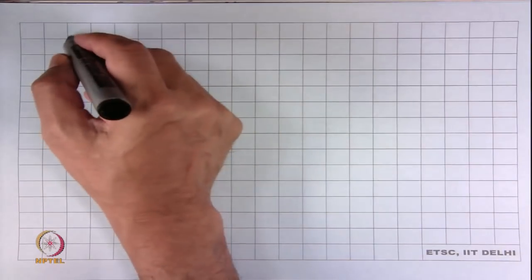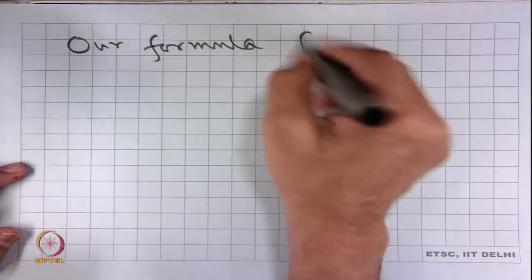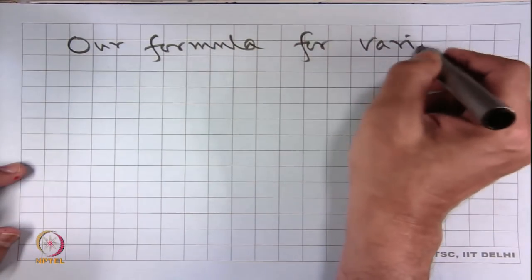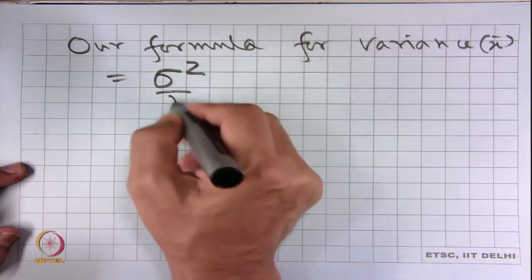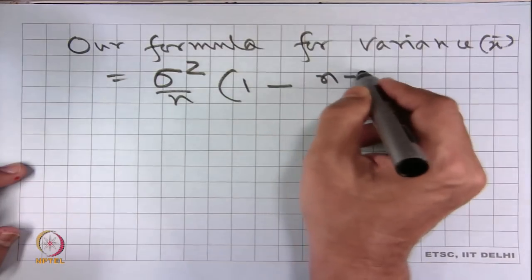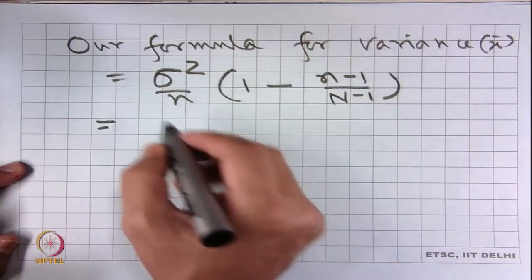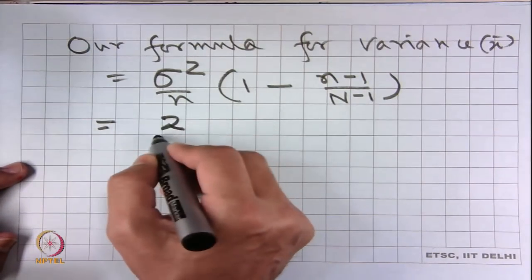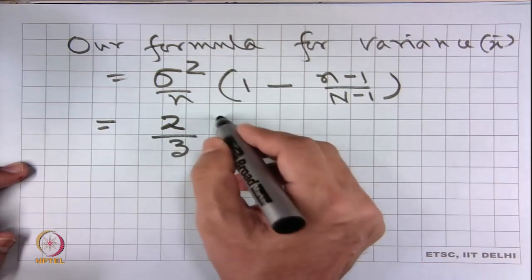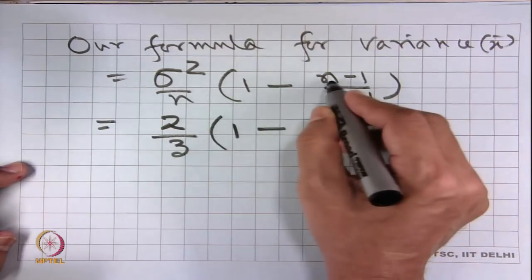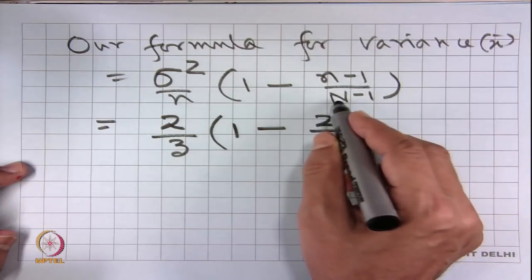Our formula for variance is sigma square by n into 1 minus n minus 1 upon N minus 1. Here sigma square was 2, which we have already calculated as the population variance, and small n is equal to 3, therefore small n minus 1 is equal to 2, capital N is 5.